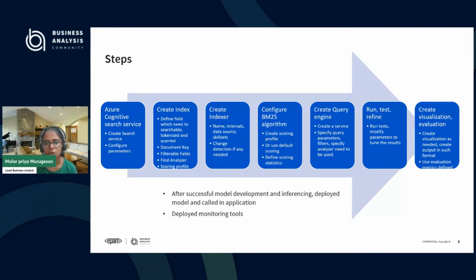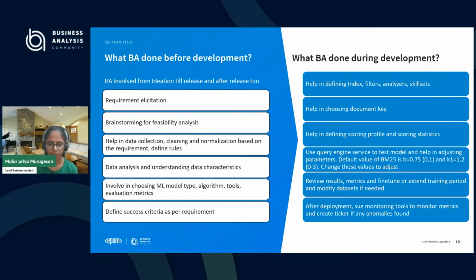But as I said, what have I done as a BA? I was involved from ideation till release, and in fact even after release, because I had to do the monitoring as well. We might have initially defined the performance and how it would predict, but sometimes it can give biased suggestions, so we need to validate all of that.